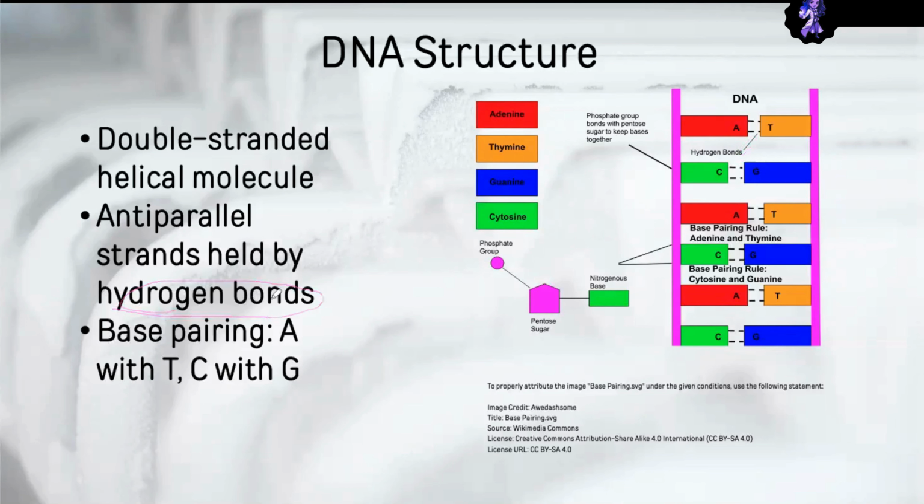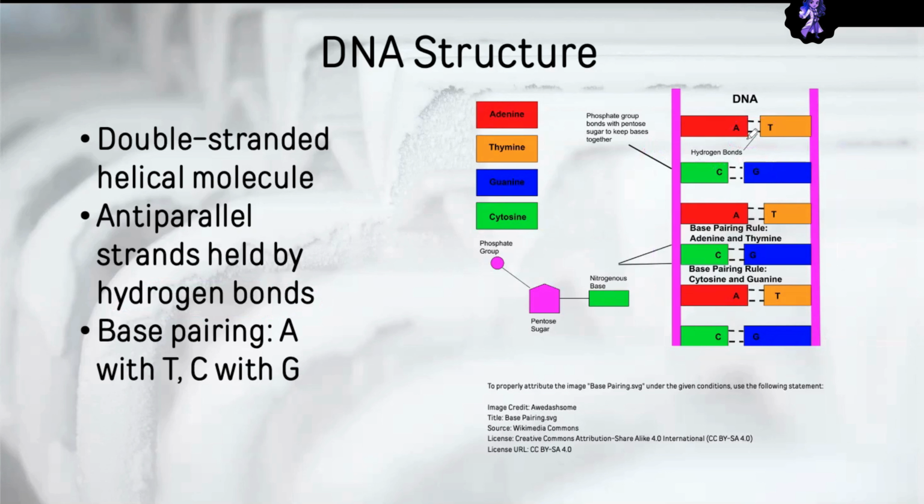And we call them anti-parallel because of the direction of the strands. So, for example, they go in one direction this way while the other strand goes in the other direction this way. So just to recap, you have A binding to T always and C binding to G always for DNA.